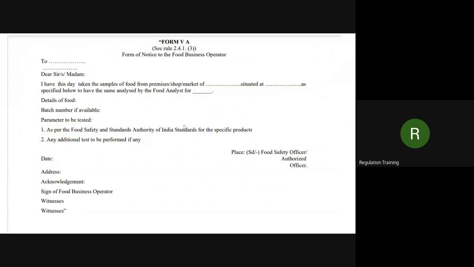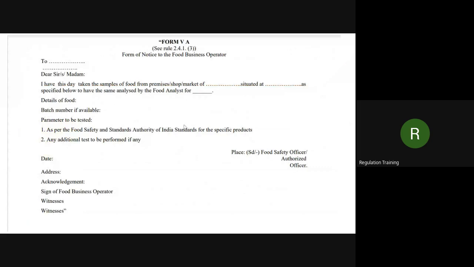So this is Form 5A. Dear sir and madam, your address and your name will be there. This is the format: I have this day taken a sample of food from the premises, shop, market of your name, situated at the locality, let's say in Jaipur.